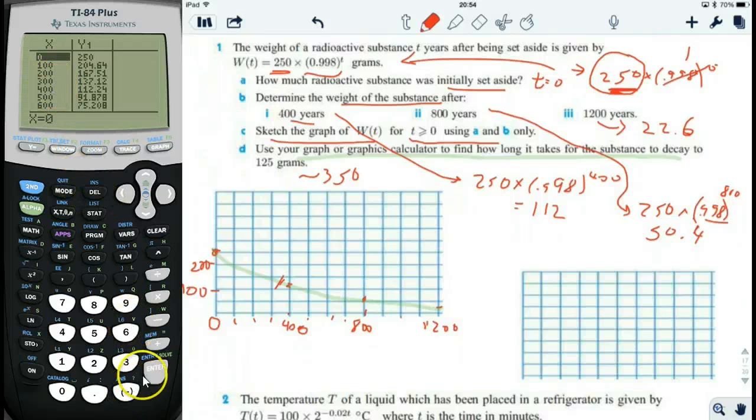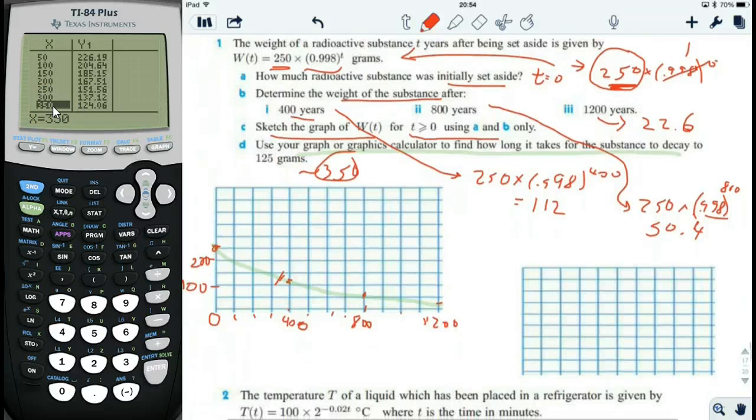We can get even better resolution by doing this again. We could put 50. And then you could see that, let's see, we'll go to 350. Ooh, that's very close, isn't it? So yeah, 350 is very close. Okay. So that's it for number 1.